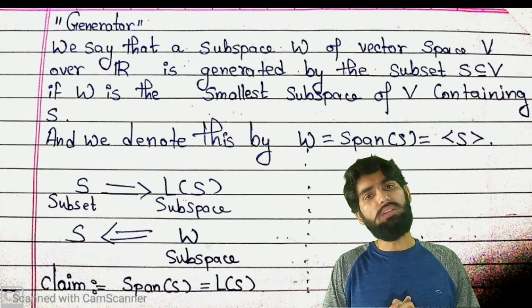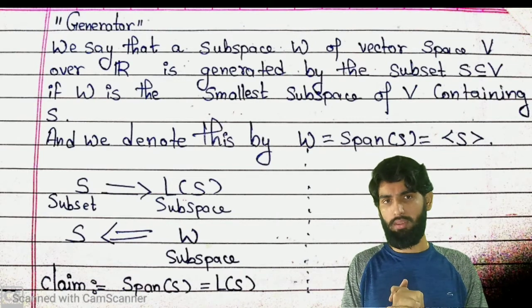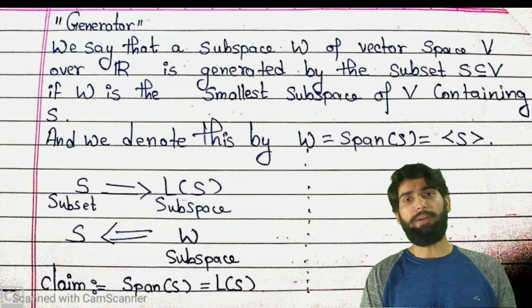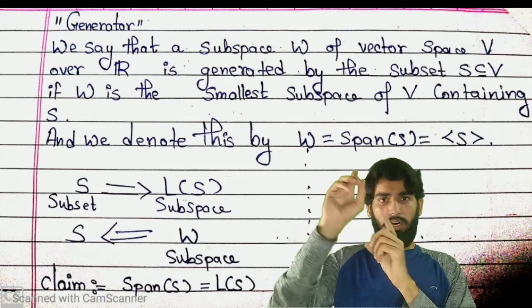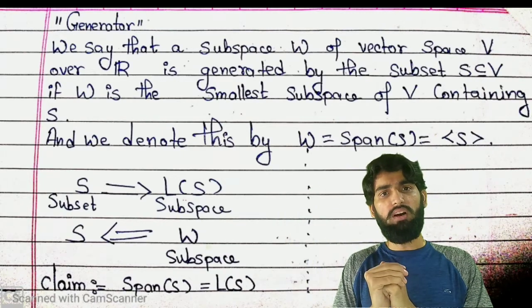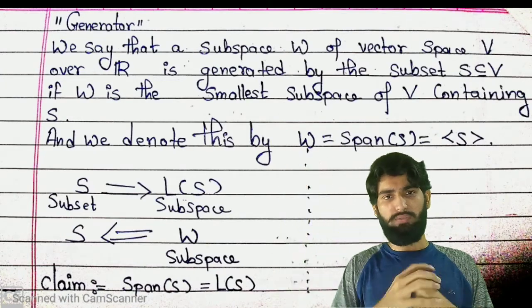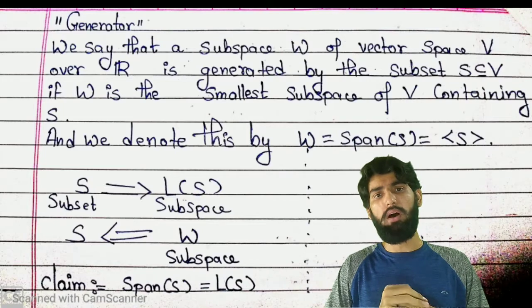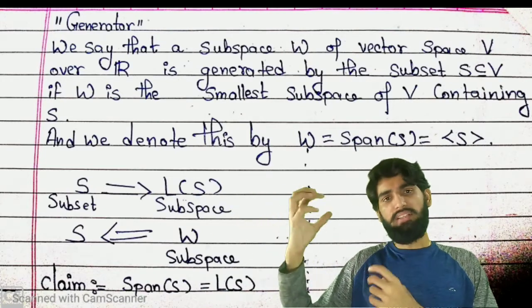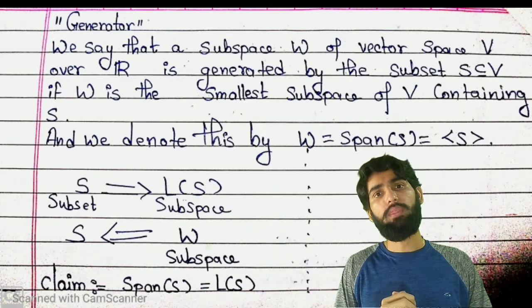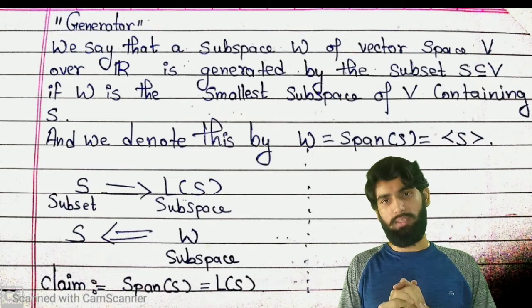Now we try to connect them. In the linear combination we learned that from S we can find L of S, the subspace. From a subset we can find the linear combination that is a subspace. Correct? Now we will connect these two things.